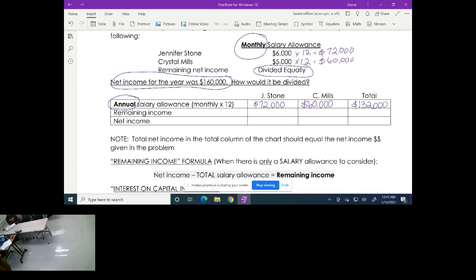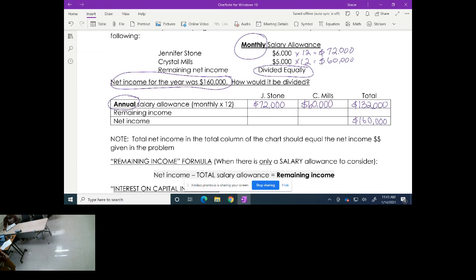How much is net income? 160. It's 160. So you should come out with net income here every time. It should add down, it should add across. So that's one thing that kind of gets everybody, is calculating that remaining income. Just go backwards.